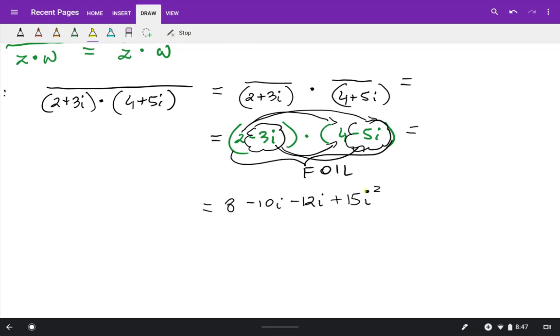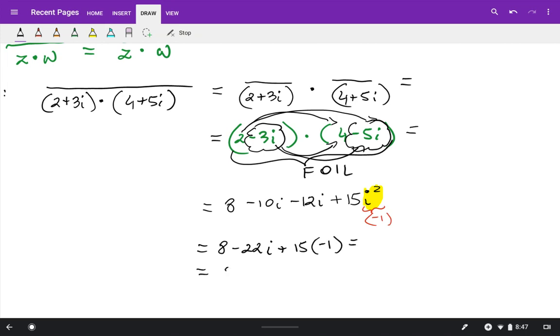And by now, we know the deal. We know that i squared has to be replaced with negative 1. So let's simplify. We have 8, negative 10i minus 12i will give you negative 22i, plus 15, and i squared will be replaced with negative 1.